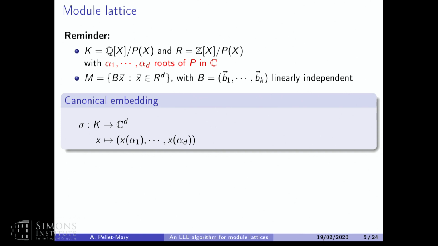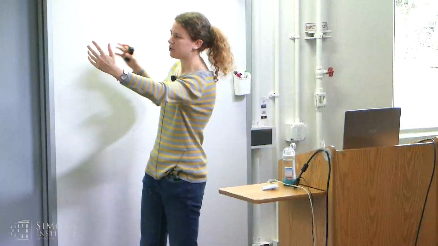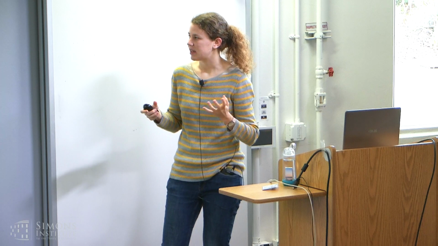Now I can define the shortness of an element as the shortness of the vector. Same thing for vectors in K^k: I concatenate all the vectors obtained by embedding all the coefficients, and I get a big vector of dimension k times d. This now lives in a real vector space, so I have some geometry on it, and I can define shortness.